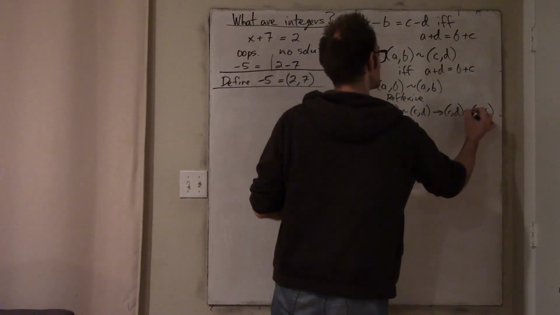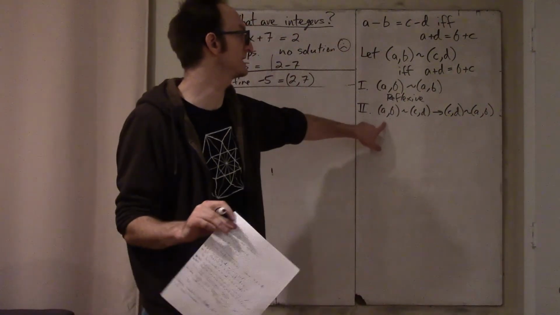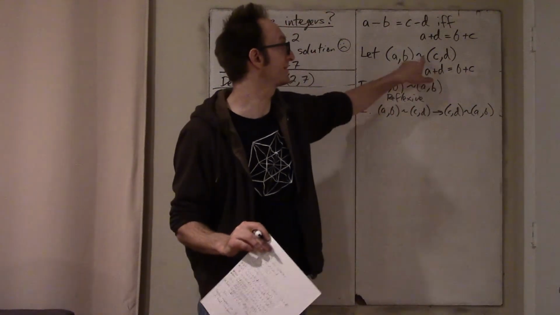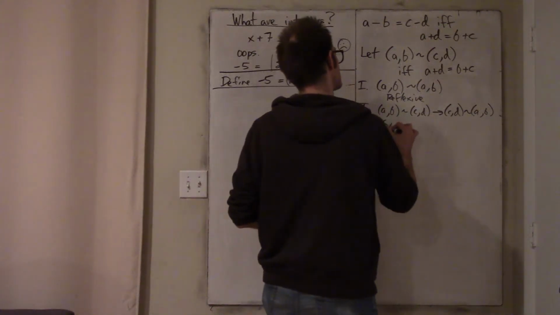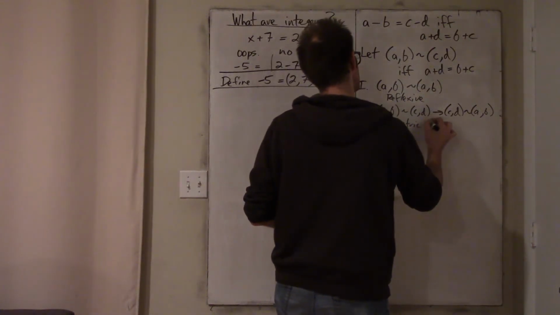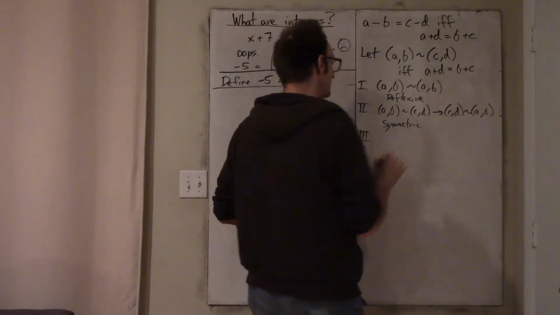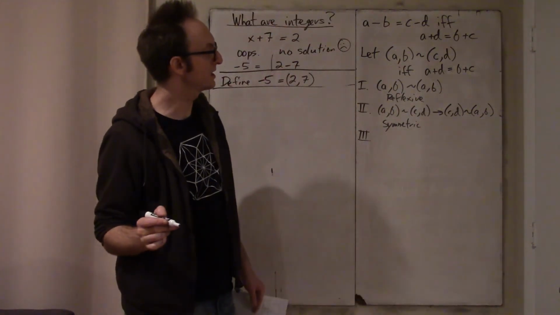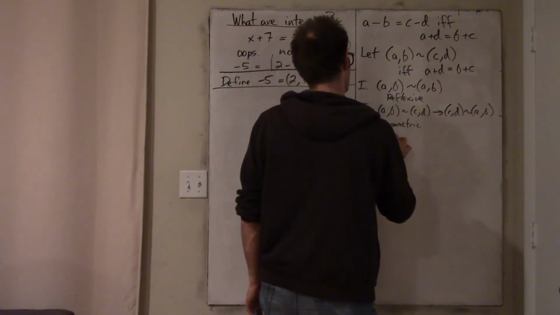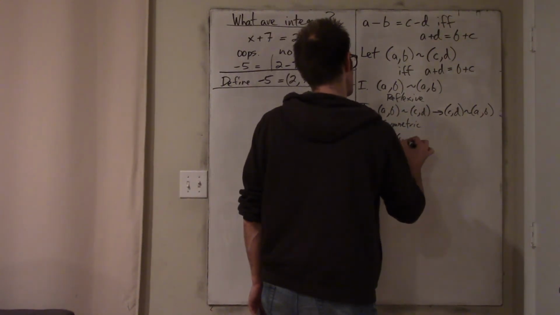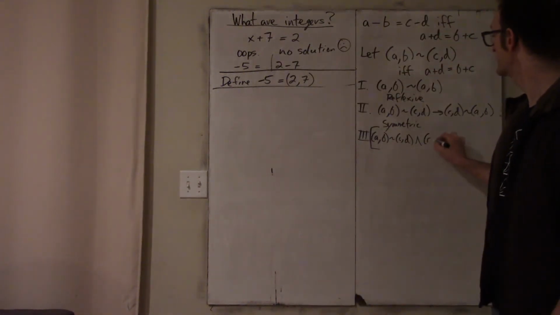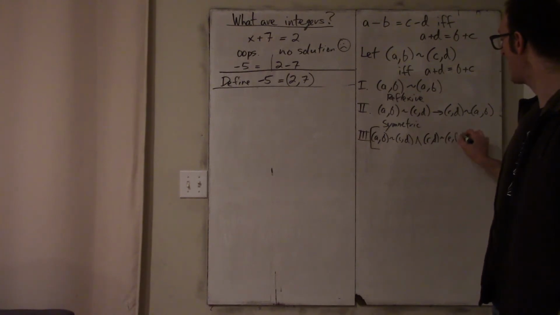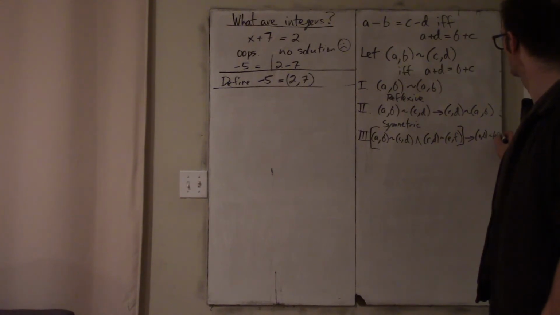These can just be checked, sort of tedious checks based on this definition of what it means for these two ordered pairs of naturals to be related. This is the symmetric property. And finally, this relation is transitive. So if AB is related to CD and CD is related to EF, then AB is related to EF.